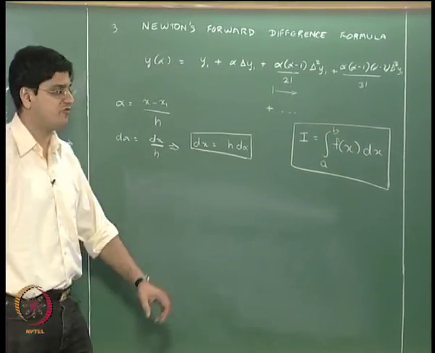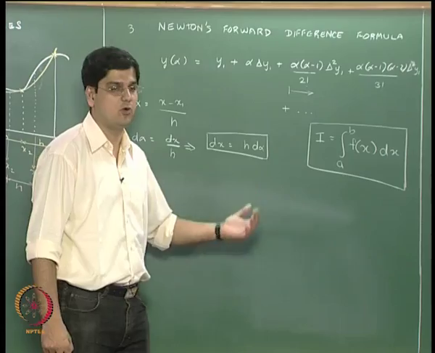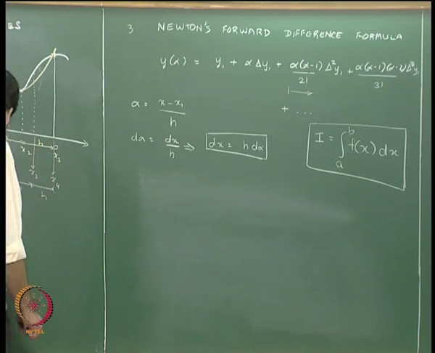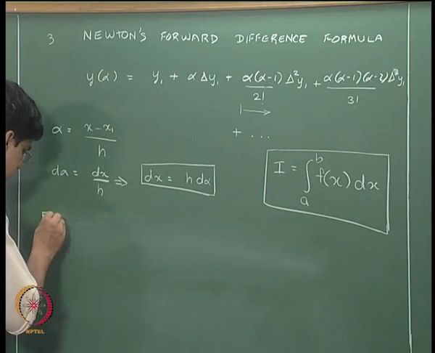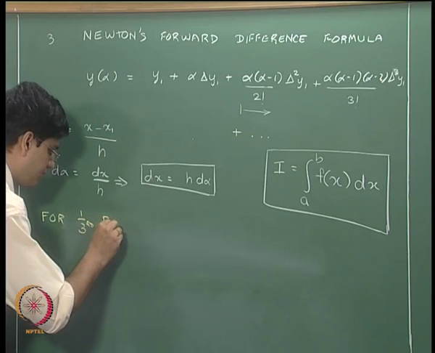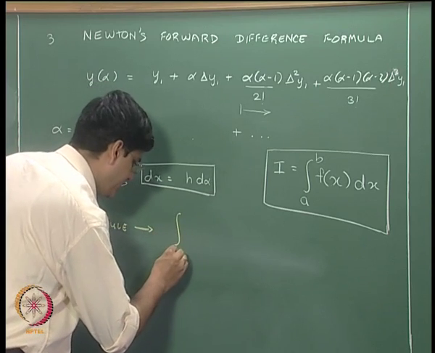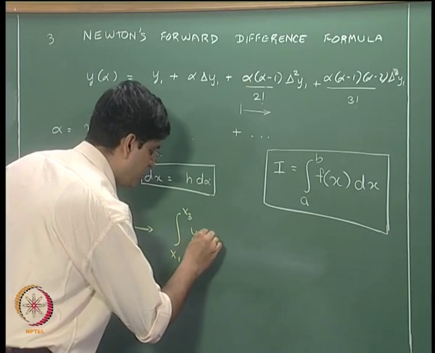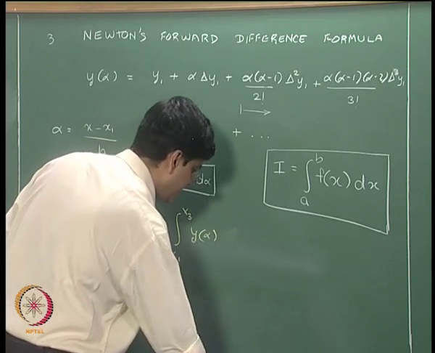We do not know our function f(x), but instead we know the value at several distinct points inside the interval. In the case of Simpson's 1/3 rule, we have the integral from x1 to x3 of y(alpha) dx, and dx we will write as h d alpha.